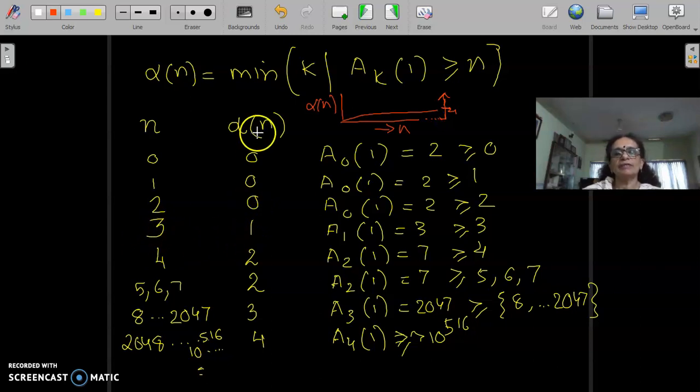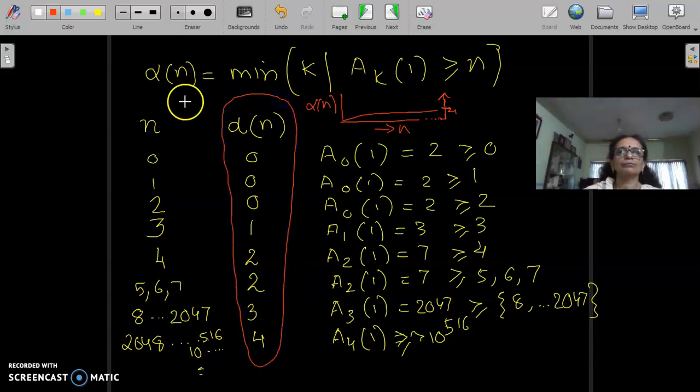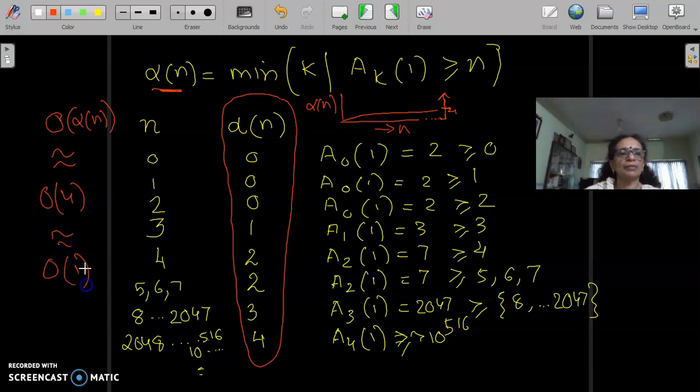So that is why it is a very slowly growing function. This is the function that we are going to use in our analysis of disjoint set forests. We find that our operations are order of alpha(n), which is equivalent to saying that it is order of 4, which is the same as order of 1.